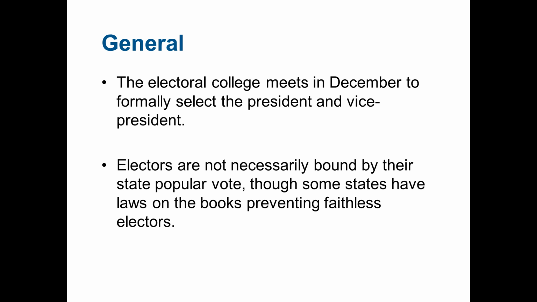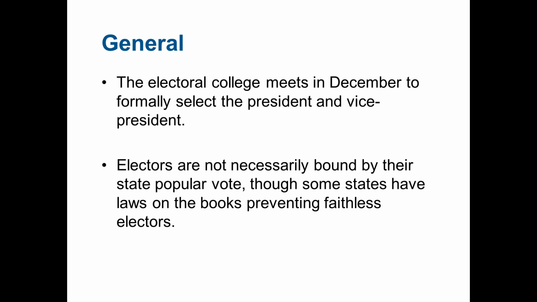Interesting, though, some states have chosen to enact statutes that allow them to invalidate and remove faithless electors in the Electoral College. So in Colorado, one of the voters who was slated to vote for Hillary tried to vote for somebody else, and was actually replaced.